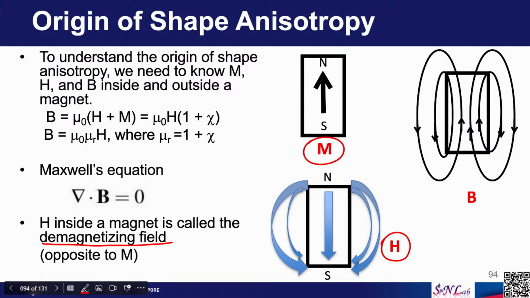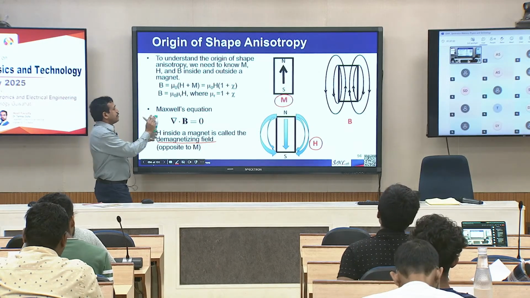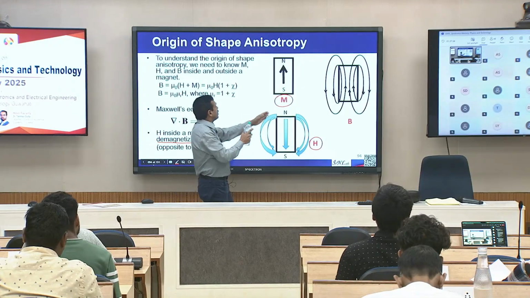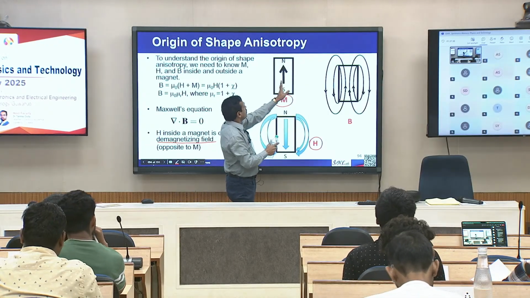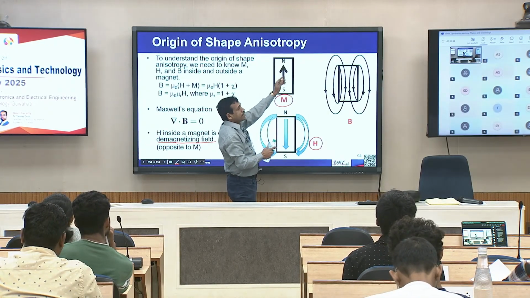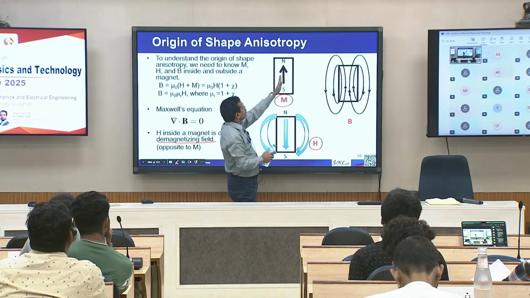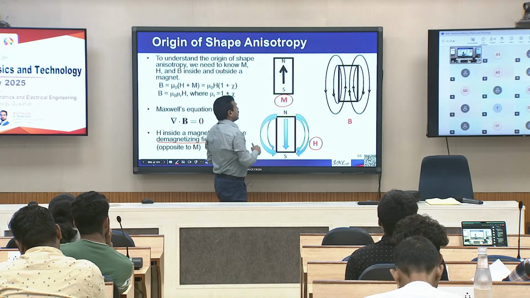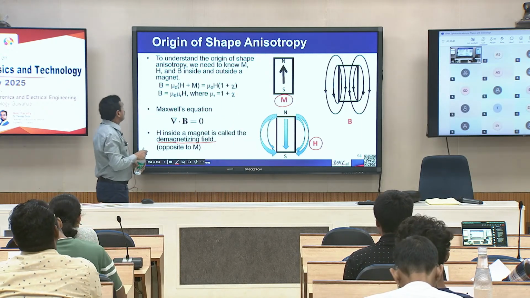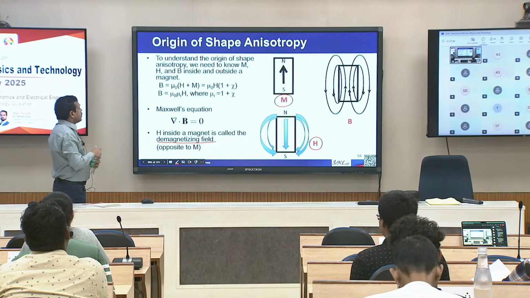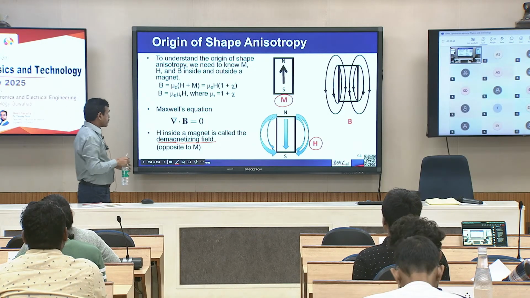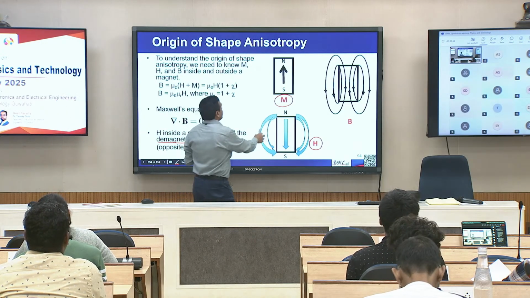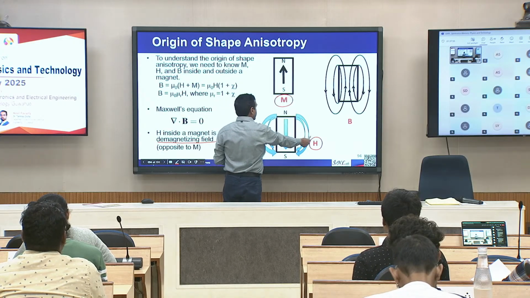Let us say you have a piece of magnetic material, you apply a certain magnetic field, then you can orient the magnetic moments of this particular material along a certain direction. So, we can say the magnetization of this material is pointing along this direction. This is magnetization, and this magnet itself will produce a magnetic field.